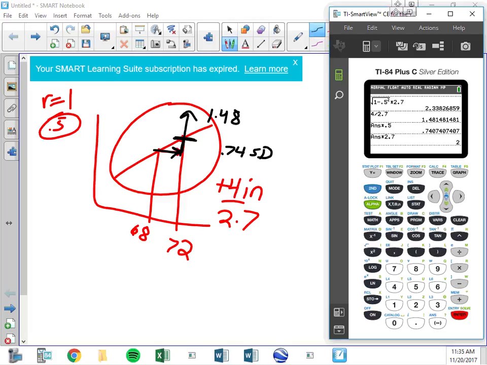So the dad is now 66 inches tall, which is a loss of 2 inches. So 2 inches divided by the SD is 0.74 SDs. So we would expect the son to be shorter by 0.74 SDs times the R value.